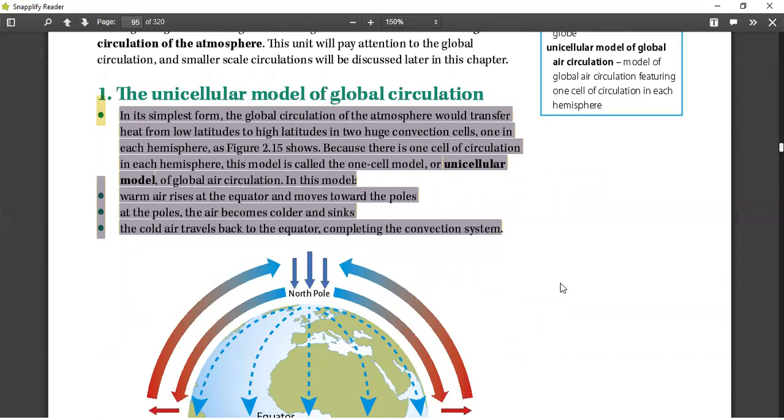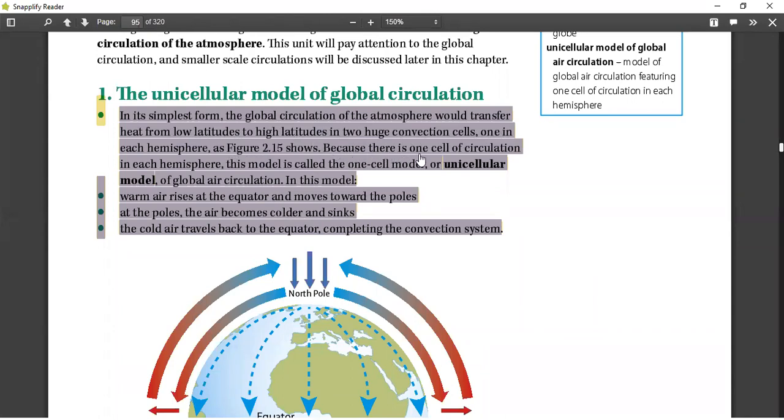Right, the unicellular model of global circulation. In its simplest form, the global circulation of the atmosphere would transfer heat from low latitudes to high latitudes in huge convectional cells, one in each hemisphere, as in figure 2.15.